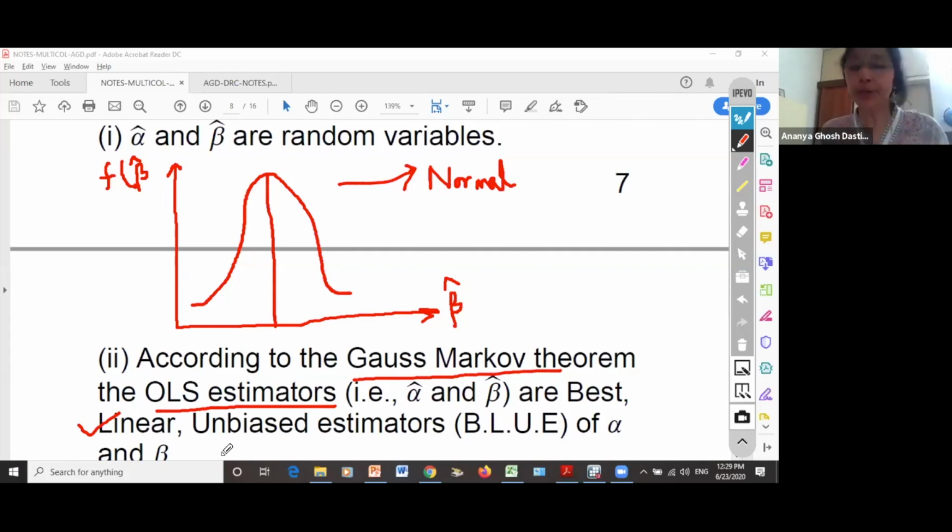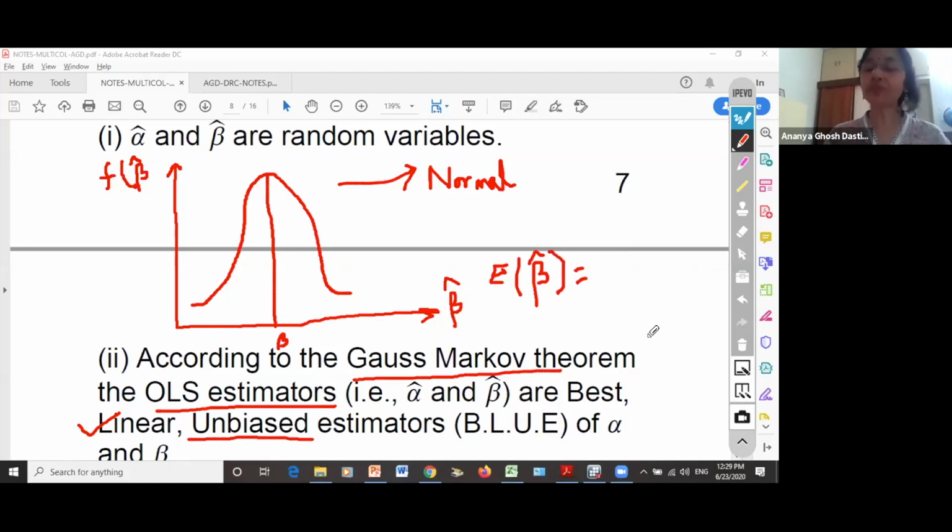Now we are being told, it can be proved, that if all the OLS assumptions hold true, then the OLS estimators are actually unbiased. What does that mean? It means that the mean of beta hat is at beta. Remember, a random variable's mean is also its expected value. So the expected value of beta hat is equal to beta.